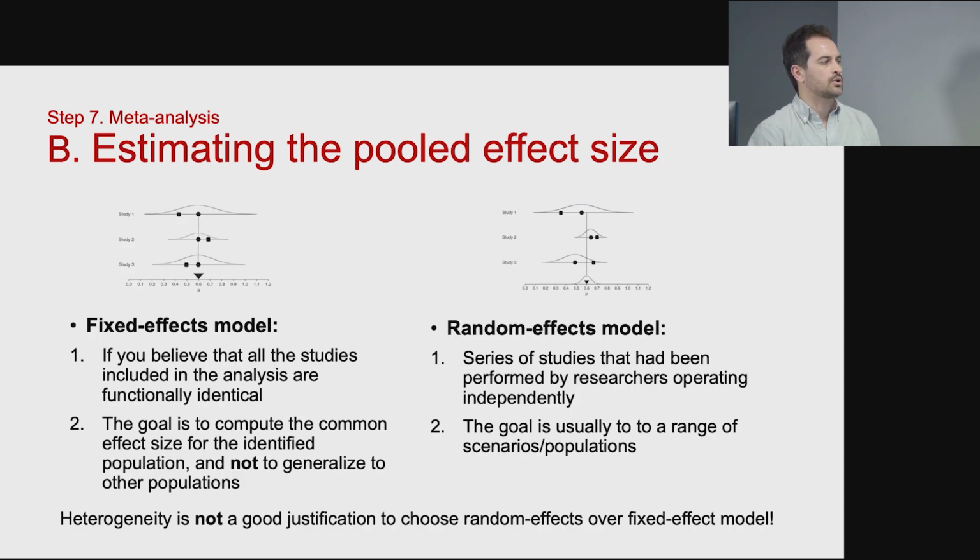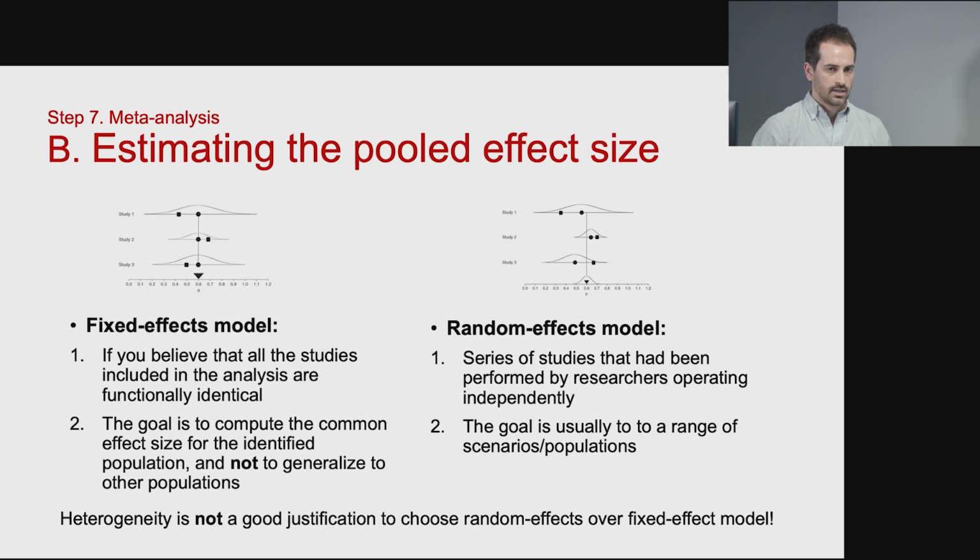Basically, you choose the fixed effect model if you believe that all the studies included in your analysis are functionally identical from every point of view. If this assumption is not tenable, you choose a random effect model. When do you choose a fixed effect model? Well, the goal is to compute the common effect size for the identified population, and you don't want to generalize outside your given population.